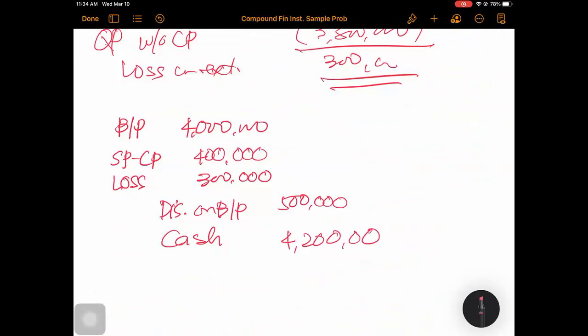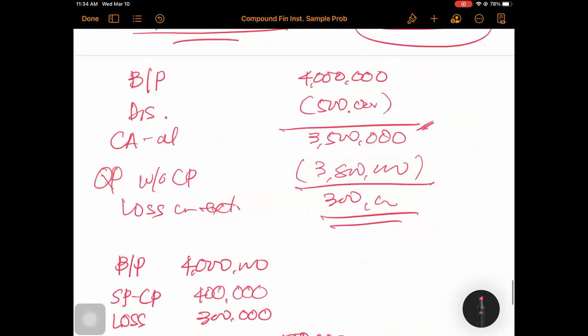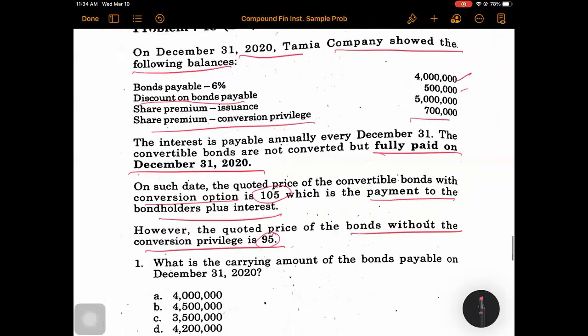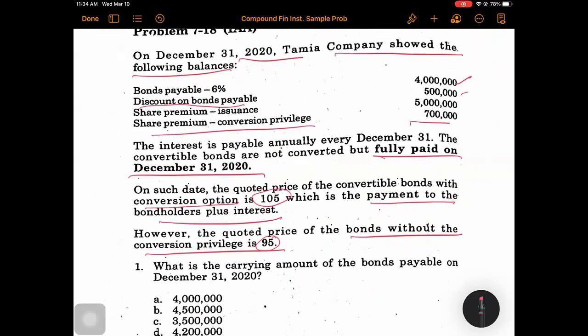Okay, 4,200,000. So that's the entry upon payment, full payment of the bonds.